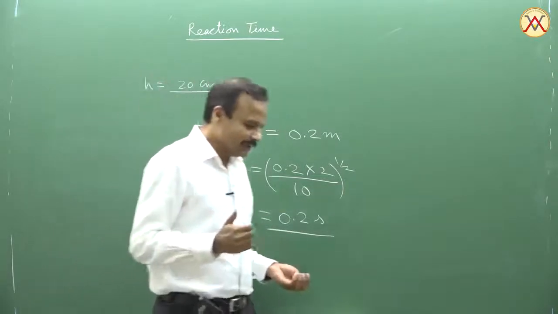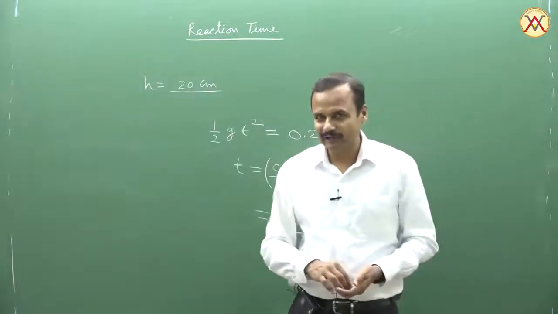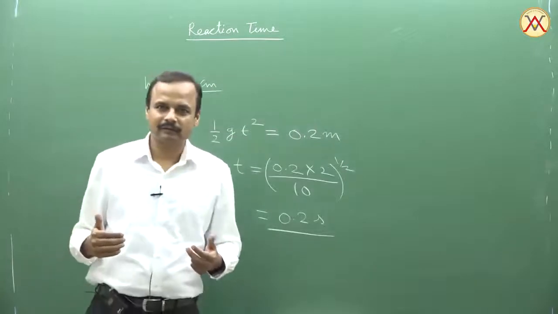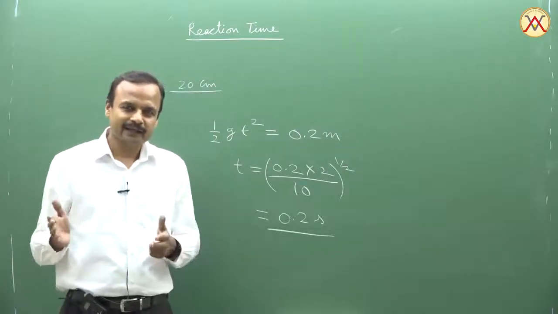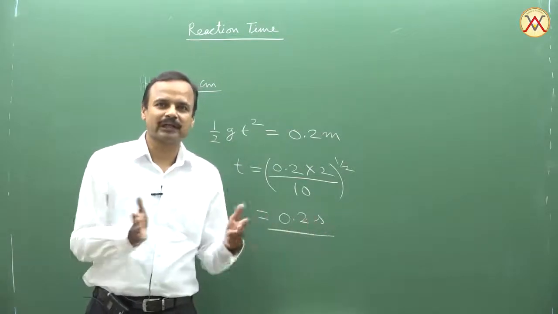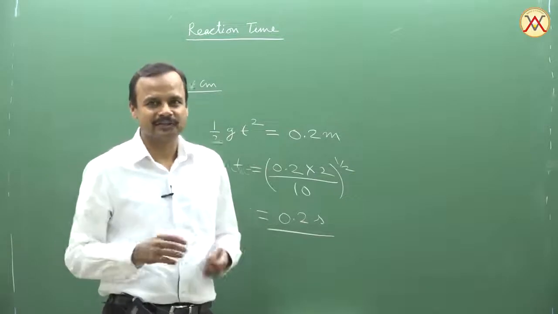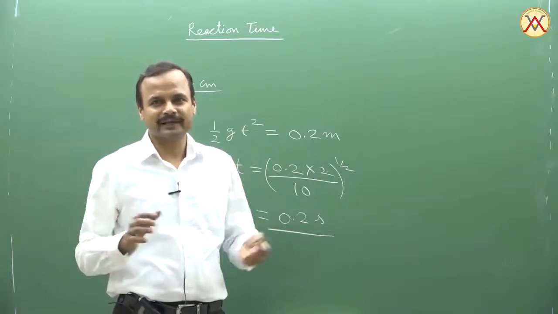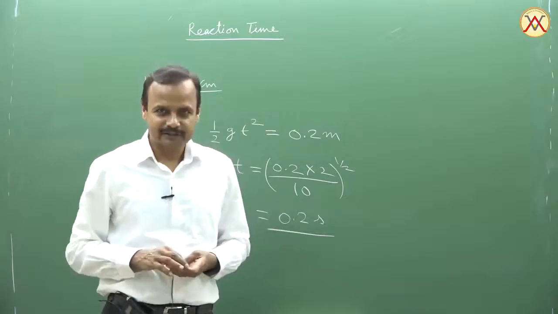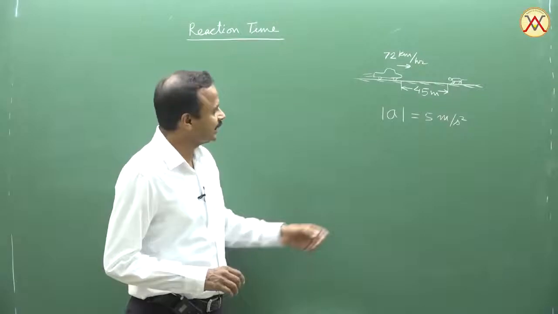So similarly, while driving, when we see some danger in front of us, only after that we apply the brake, and then the vehicle also takes some time to stop. It can't stop suddenly because the retardation of the vehicle after the brakes have been applied will after all be finite. Here is an example based on reaction time.